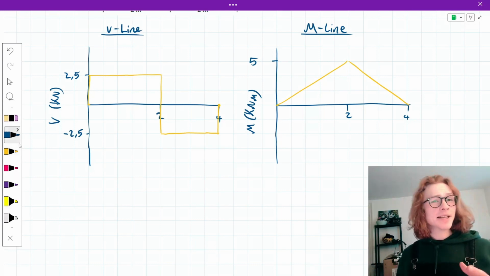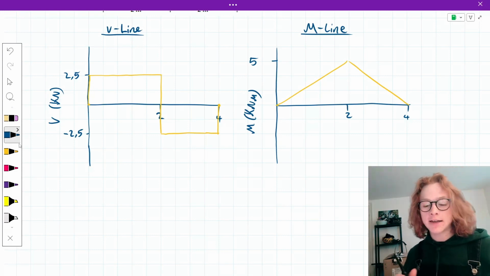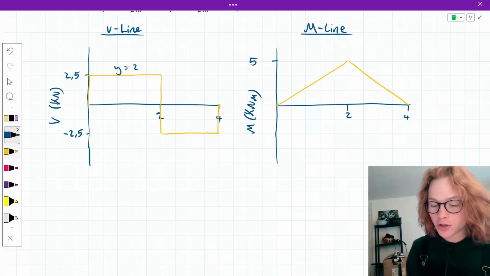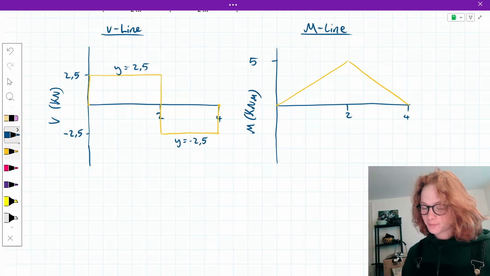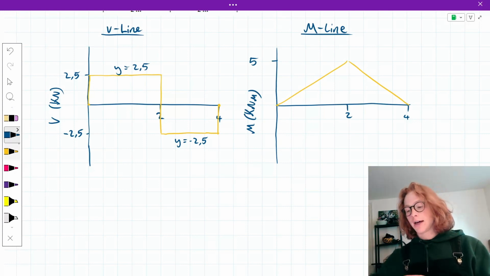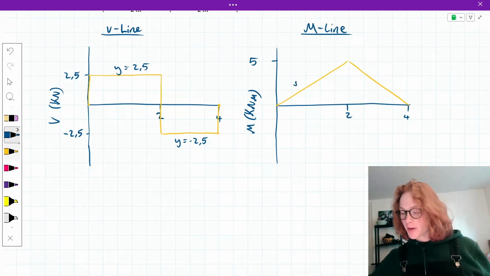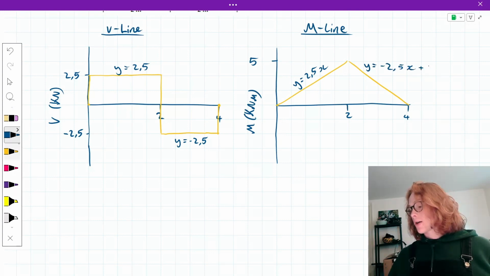You can do it more mathematically, by writing out the equations of these lines. I know that this is y equals 2.5, and this is y equals minus 2.5, and that's the gradient of our M line. So the equations of the M lines will be y equals 2.5x and y equals minus 2.5x plus c.